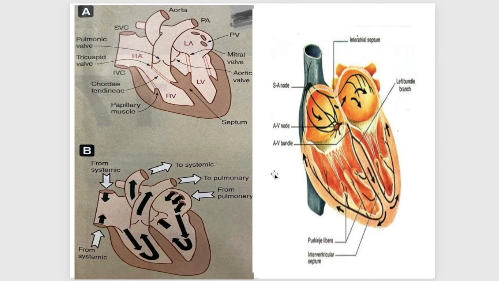The second and largest wave, the QRS wave, records the electrical activity as the impulse spreads through the right and left ventricles and their resultant contraction. The third wave, the T wave, records the relaxation of the ventricles.